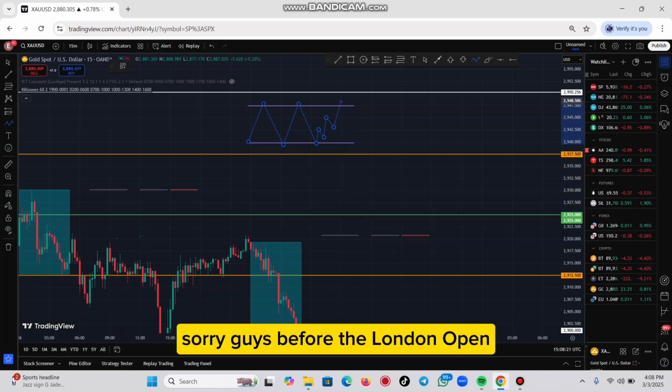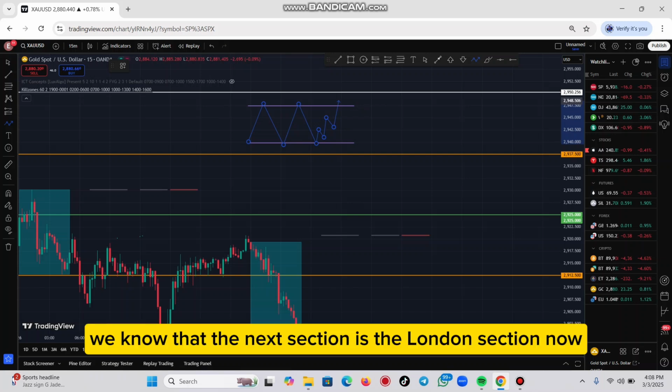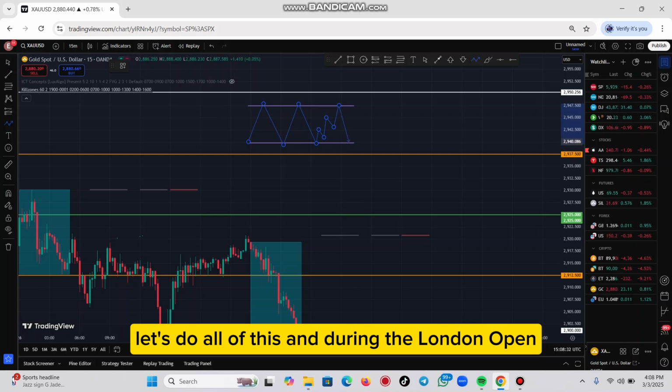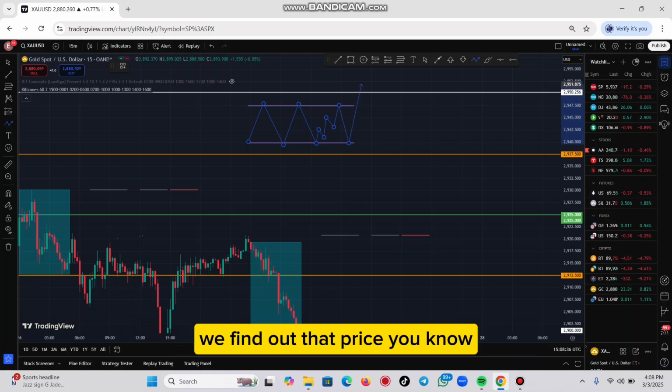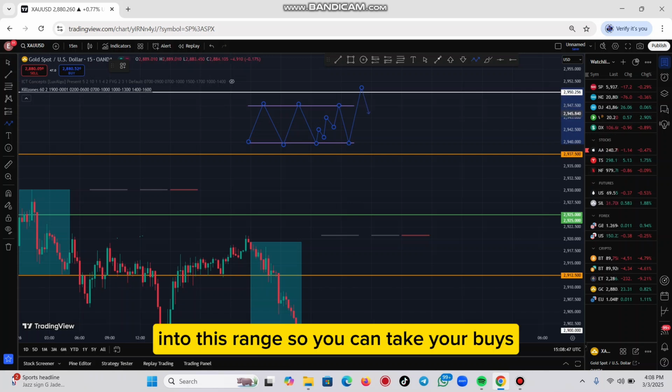After the Asian range, we know that the next session is the London session. During the London Open we find out that price swept the upside. As soon as price sweeps the upside, what you need to do is wait for price to come back into this range so you can take your buys.